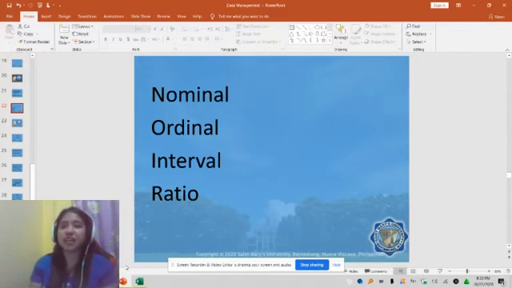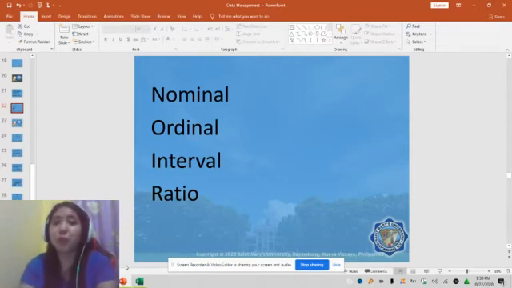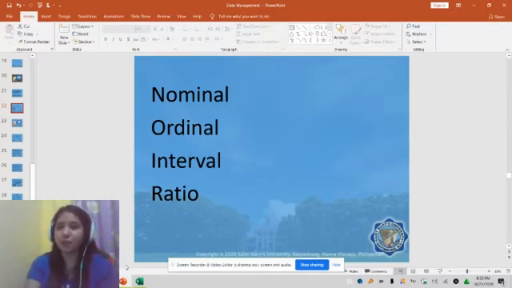If the score is zero, we cannot claim that there is no score, because there is a score, but it is zero. Or the temperature is 0 degrees Celsius, so there is still temperature. So an example for interval is temperature. While an example for ratio is speed. If the speed of a car is 0 meters per second, it means that there's no speed. Okay, of course, that is just a review part.